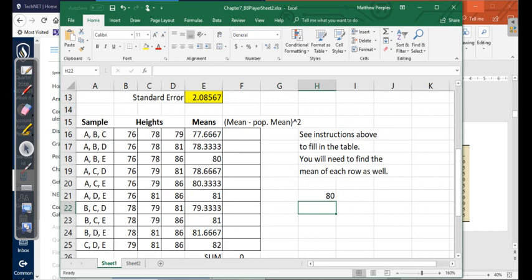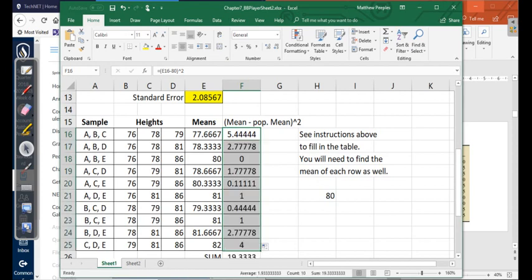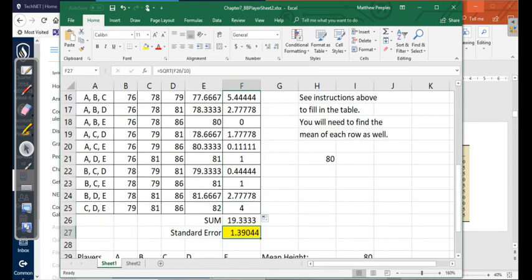And again, if I were to work out my standard error right here, let's see what happens. I'm going to take the difference between my sample mean and my population mean, squared, and do that for each of these rows here. The standard error, which is the standard deviation of that column right there, is a little bit smaller this time.